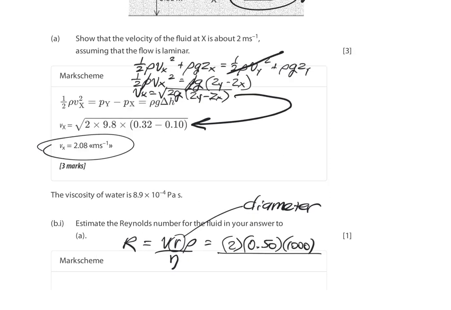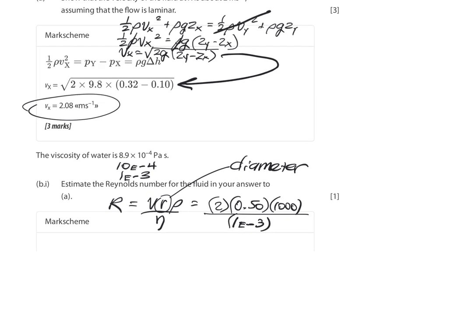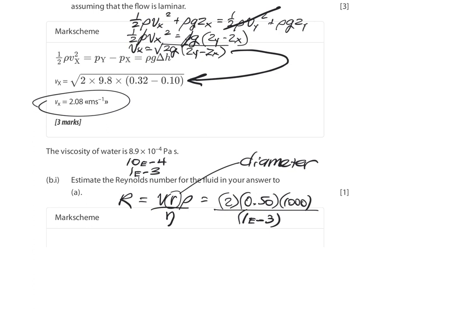It says to estimate, so the viscosity of 8.9 times 10 to the negative 4 is like 10 times 10 to the negative 4, which is really just 1 times 10 to the negative 3. So I'm going to say 1e-3 for the viscosity. And 2 times 1/2 is, of course, 1. So basically, the Reynolds number is going to be 1 times 10 to the 3 divided by 1 times 10 to the negative 3.